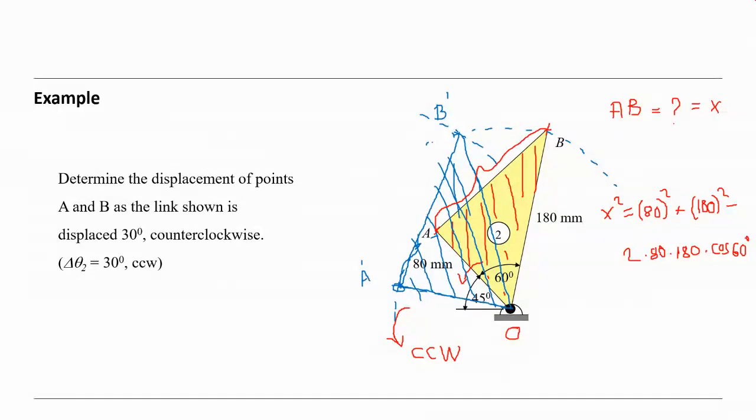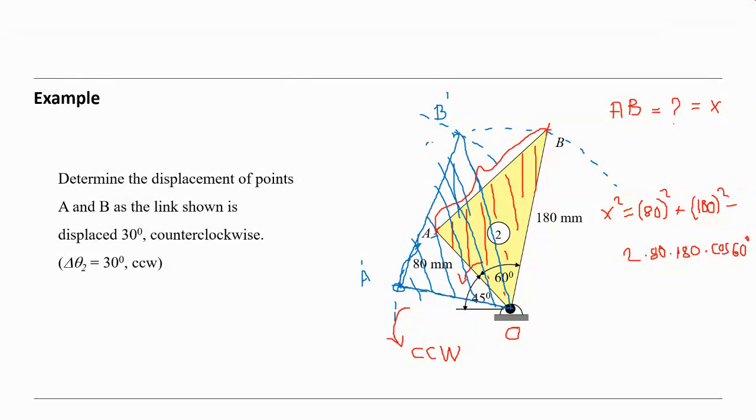And another question, may you tell me how we multiplied it by 2? From where did the 2 come from? This is simple equations. I mean here 80 squared plus 180 squared minus 2 times 80 times 180 cosine 60. Yeah, but I didn't figure out where the 2 came from.